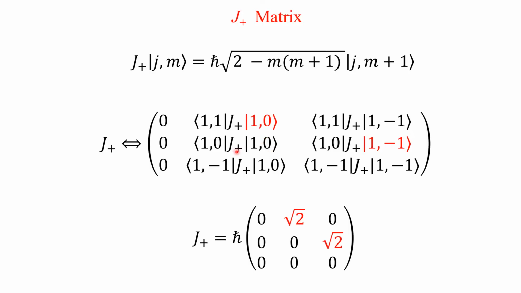This will become 1 1. Here you have 1 0. Similarly, when you raise this level, 0 will become 1. Here minus 1, the same is the case. When j plus acts on it, it will become 0. So only these two components exist after the rising operator acts on this ket vector.